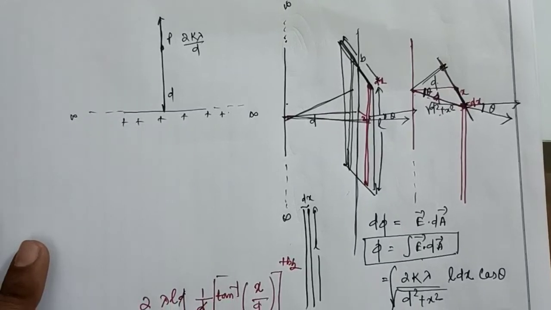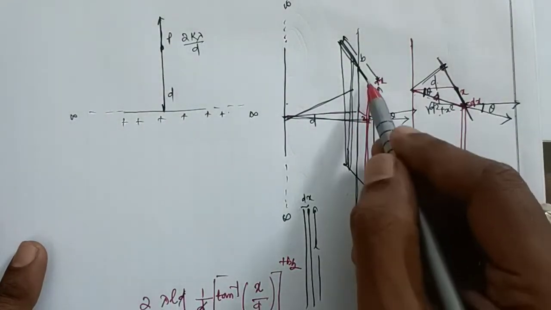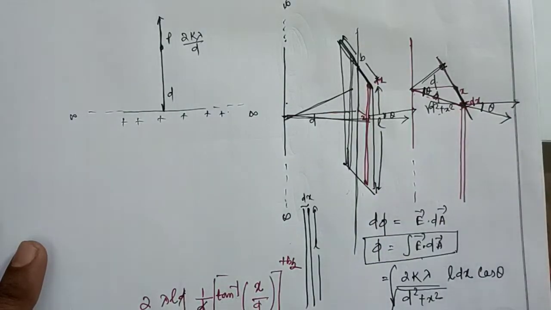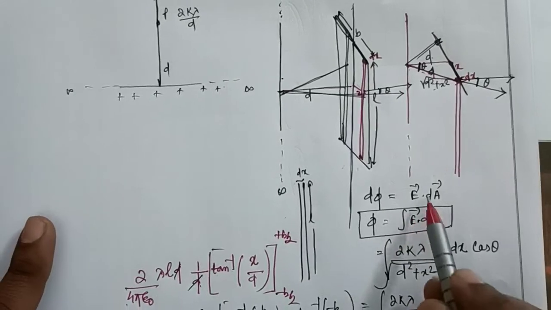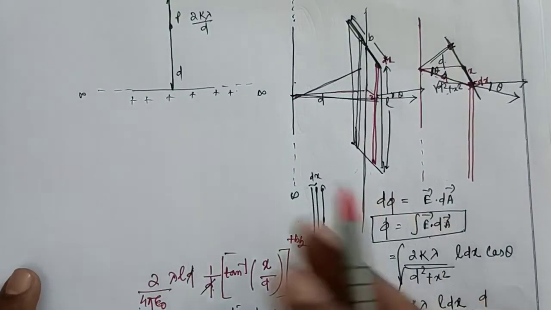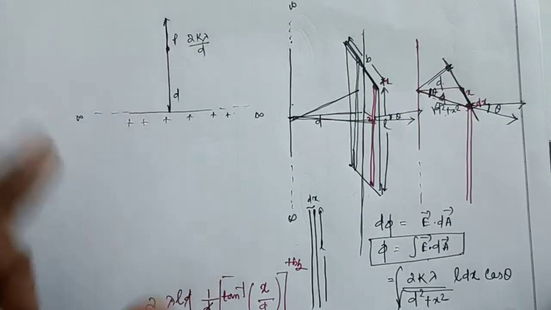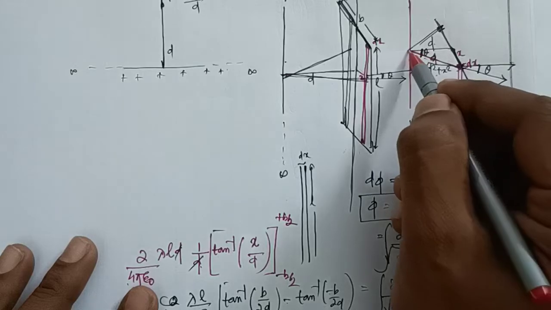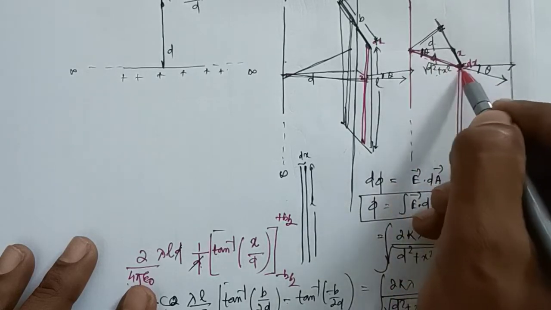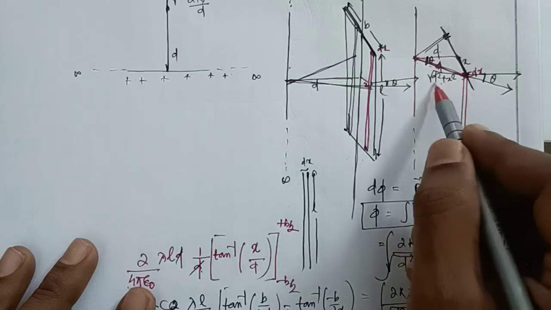I consider one small element here, from x to x plus dx, and write the expression of my flux, that is E dot dA. What is the electric field due to an infinite line charge? The expression is 2k lambda by r or 2k lambda by d. But which distance should I use? This distance, because I am writing for this element. So the expression is 2k lambda by this distance.